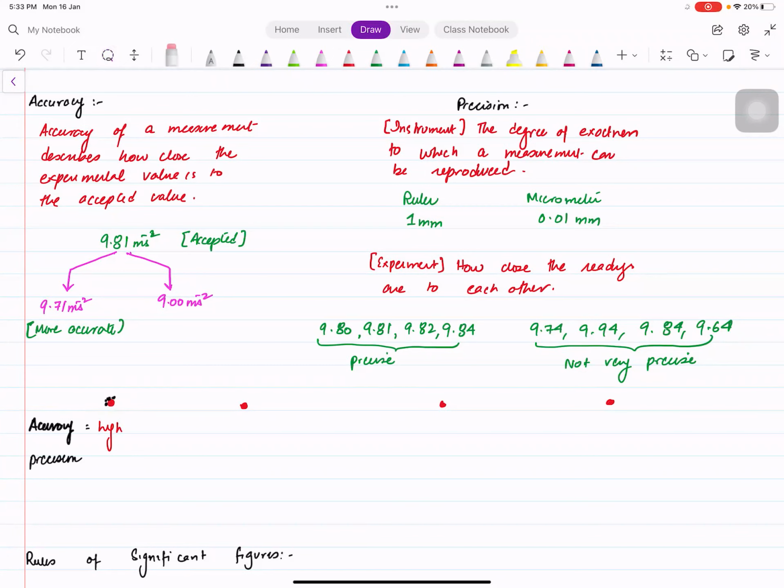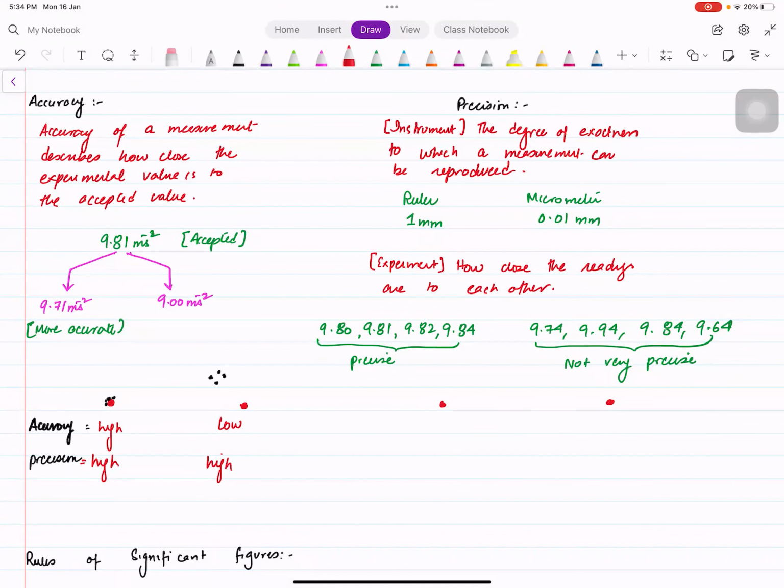And the precision, because they're all close to each other, is also very high. Now, if they land somewhere away from the target, like in this case, it means that the accuracy is low, but the precision is still high because they're very close to each other, but it's not close to the actual accepted value.